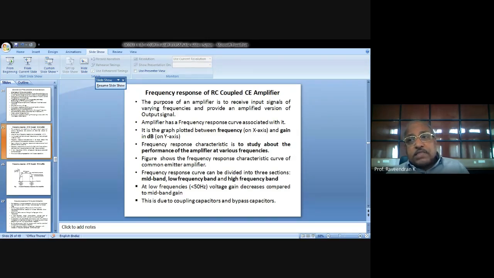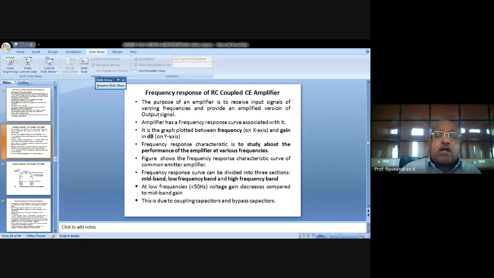Usually, capacitors handling a frequency of some 20-30 kilohertz offer a very, very small capacitive reactance, less than 1 ohm, sometimes 0.05 ohm or 0.07 ohm, like that, because at high frequency the capacitive reactance offered by these capacitors is very small.